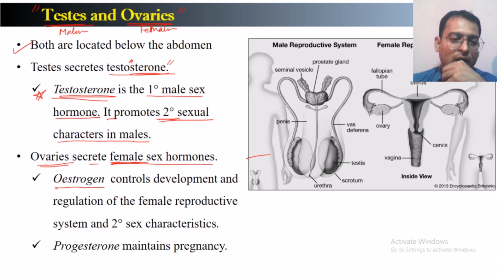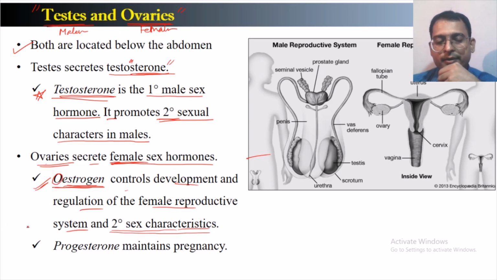It is spelled oestrogen, pronounced as estrogen, but we start it with O. It controls the development and regulation of the female reproductive system, and it is also responsible for the secondary sexual characteristics. Secondary sexual characters in females include the development of the breast. That is a very important function of estrogen.